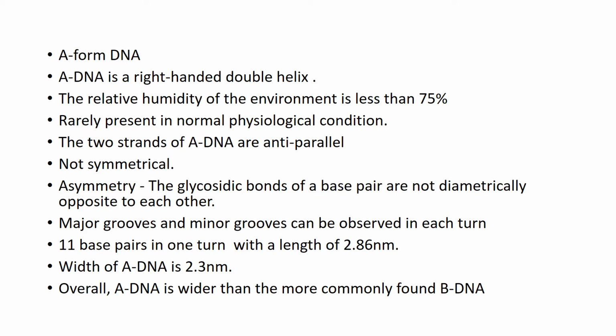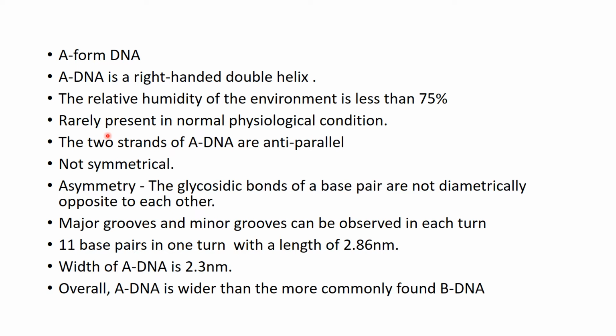Presently, we will go through the characteristics of A DNA. The A DNA is a right-handed helix. The right-handed helix means that if this is the principal axis of that molecular structure, it will go through your right hand fingers in this way. It will turn in this way. So this is called a right-handed double helix structure.